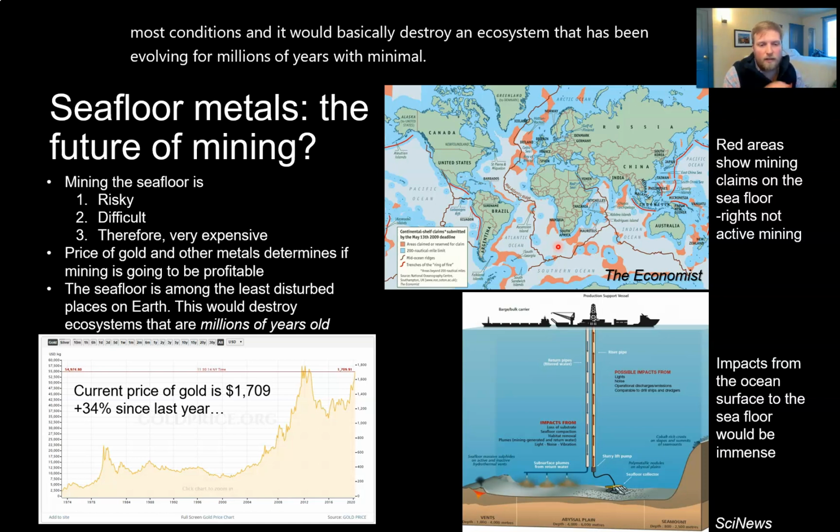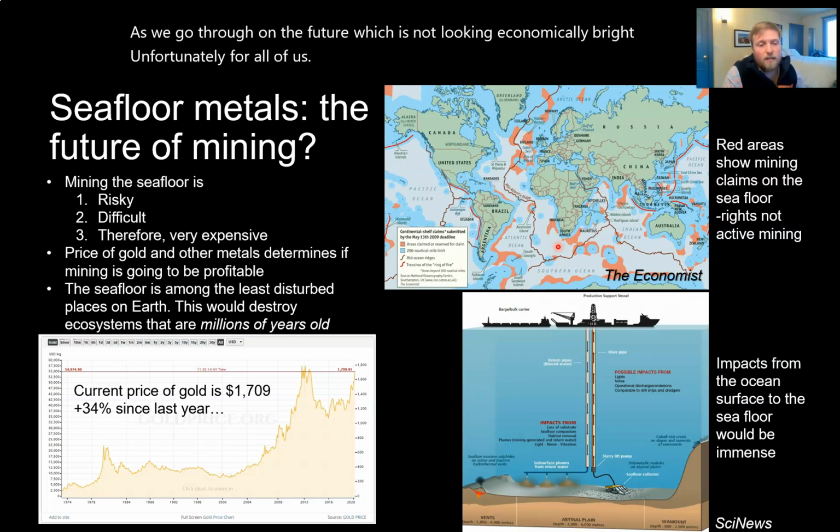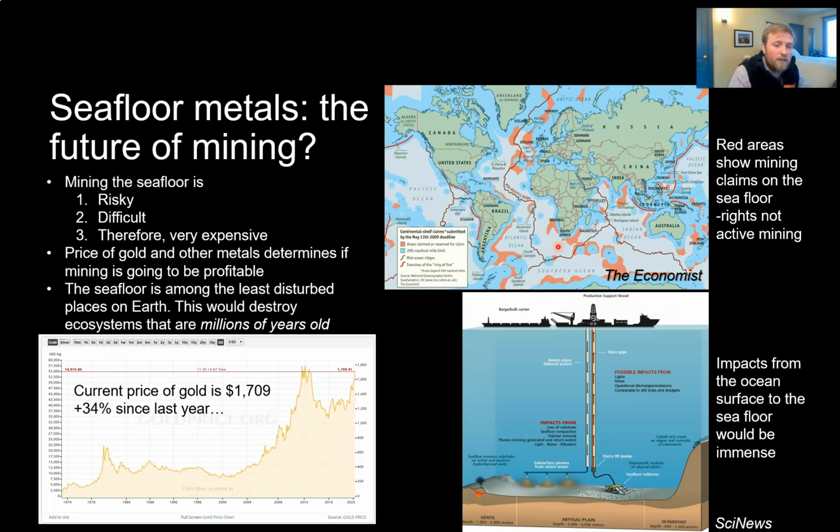And I think that as we go through the future, which is not looking economically bright, unfortunately for all of us, that often coincides with a really big increase in the price of gold. And that increase in price of gold makes it relatively less expensive to go do gold mining. So from last year, gold prices have increased 34%.